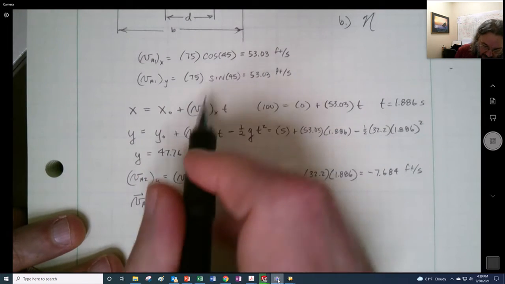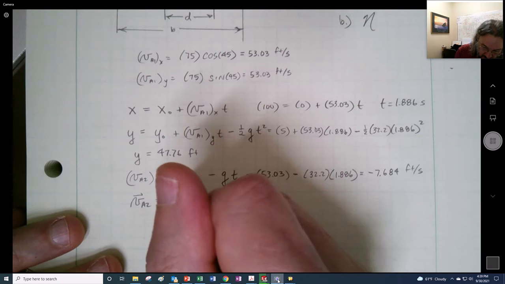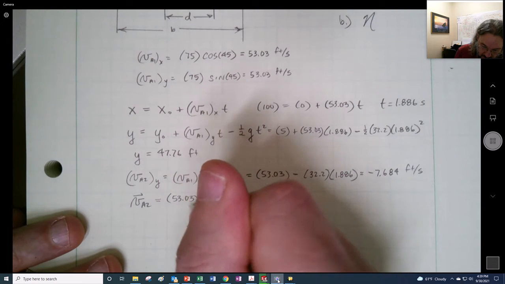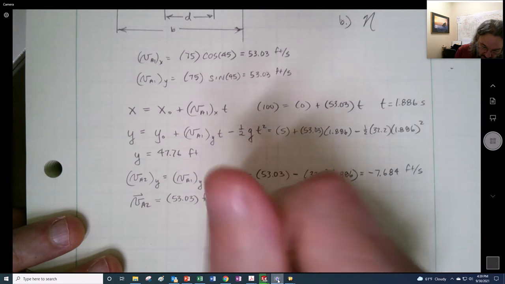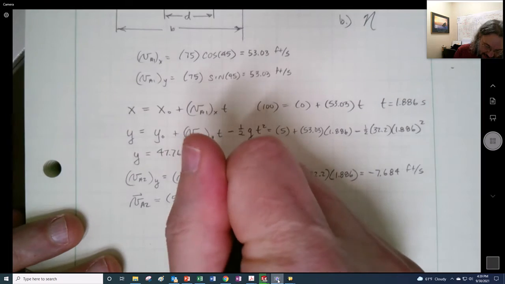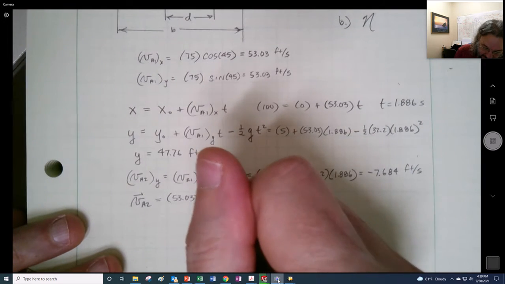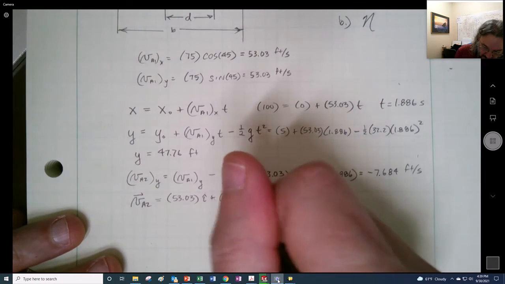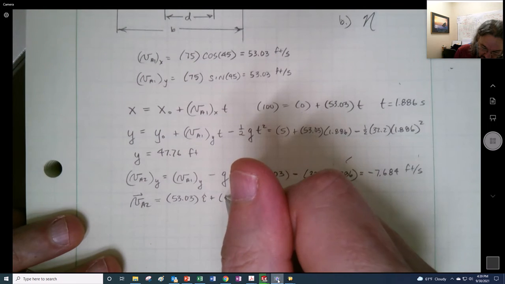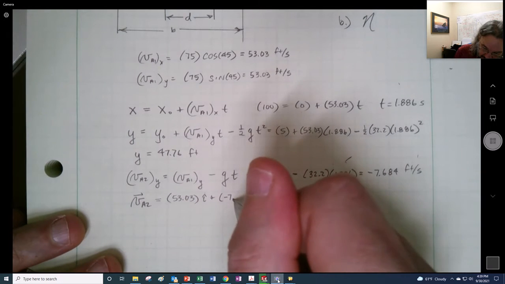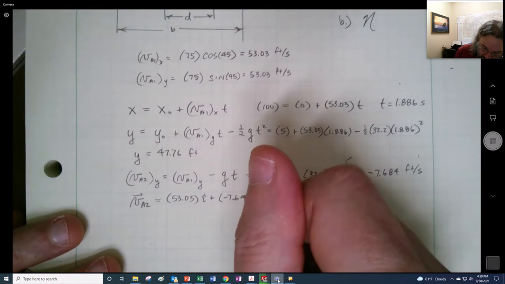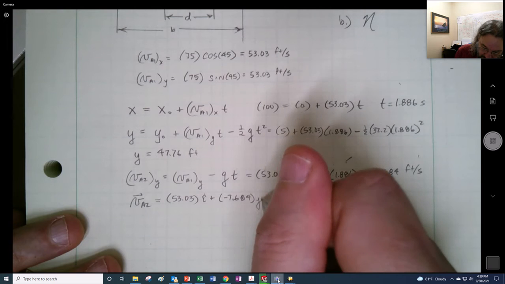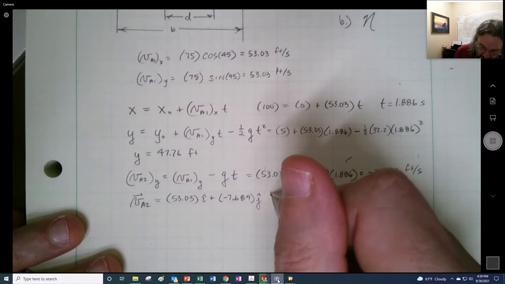It's going to have an x component of 53.03 feet per, not feet per second, dummy, I. That's what I meant to write. I plus our negative 7.684 J. And these are what, feet per second, right?